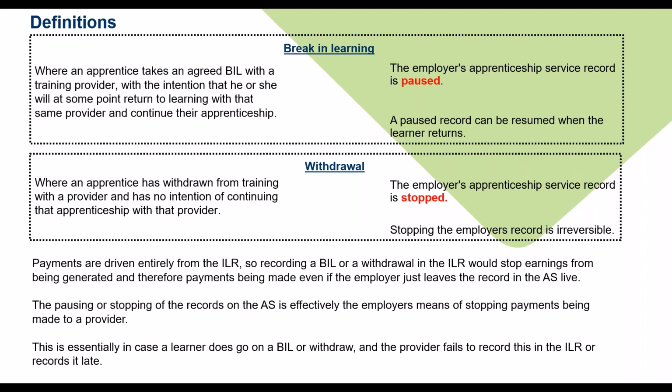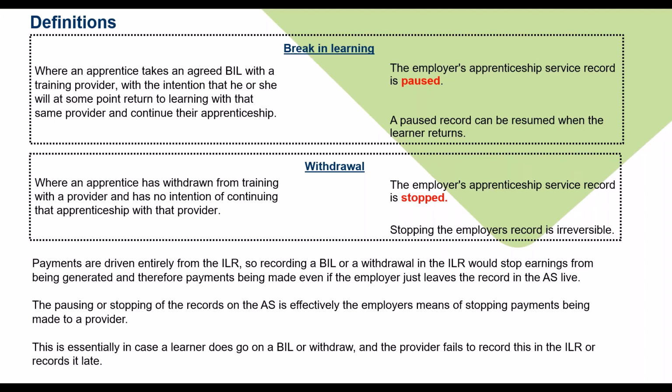An example of that could be something like maternity leave. A withdrawal, on the other hand, is where an apprentice has withdrawn from training with a provider and has no intention of continuing the apprenticeship with that provider. Although, as we do see sometimes, they do return after a withdrawal has been recorded, and we'll have a little look at that a little later.